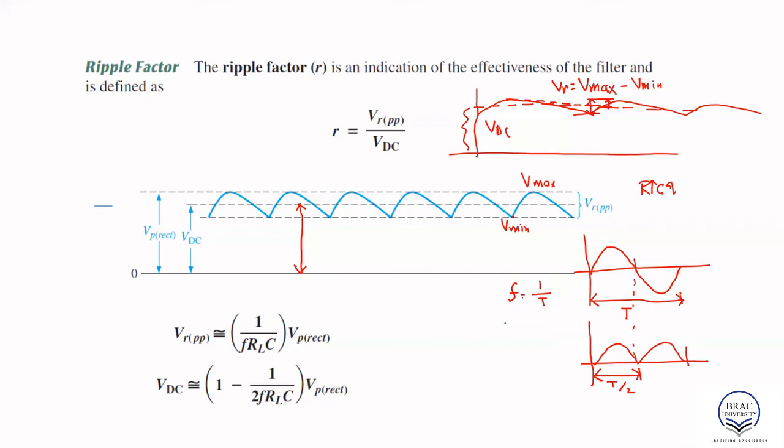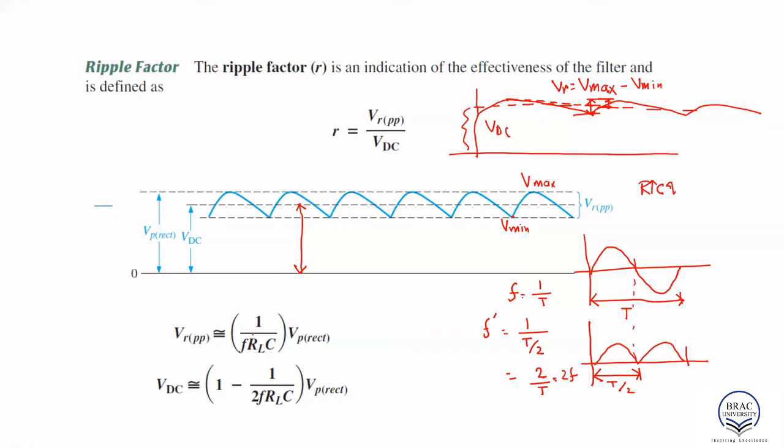So in that case, the frequency, call it F prime, is 1 over T by 2. That means 2 over T, or 2F. So that is how we found out.